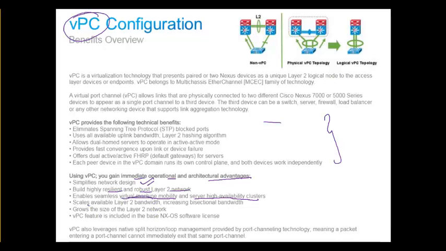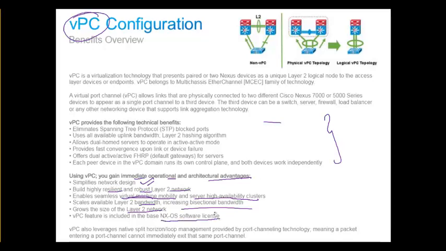So, increased bandwidth grows the size of the layer 2 network. If you depend on STP, we always lose half of our resources. With vPC, we get double the resources. The vPC feature is included in the base NX-OS software license, so you need not pay additionally for this.